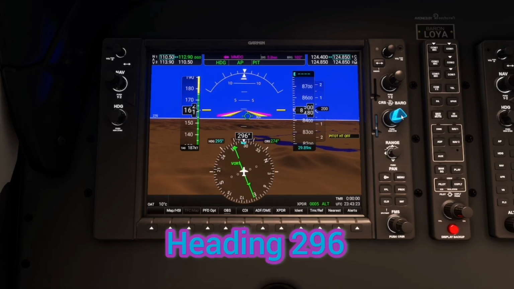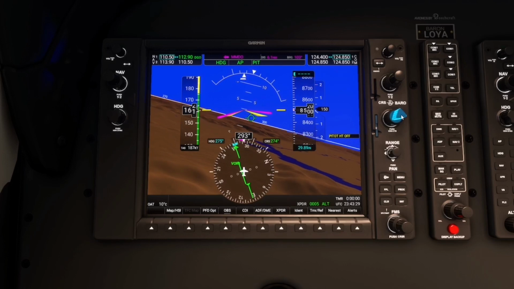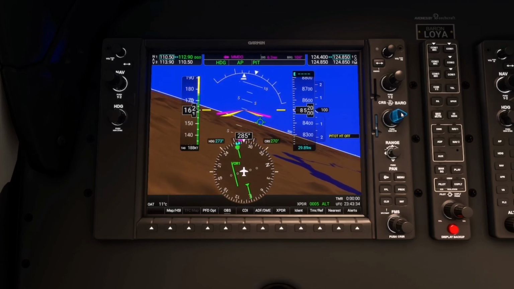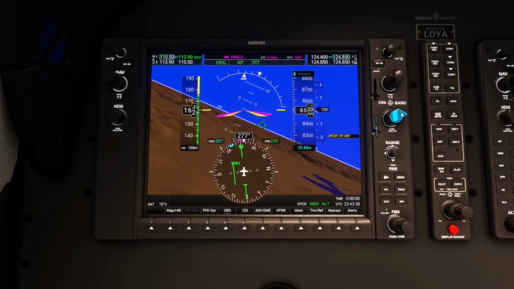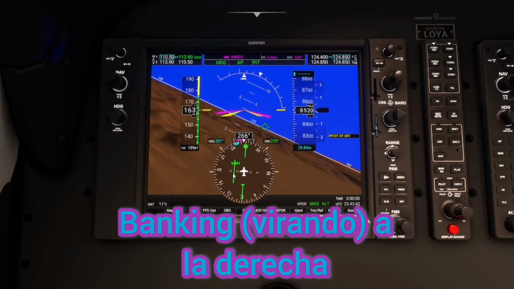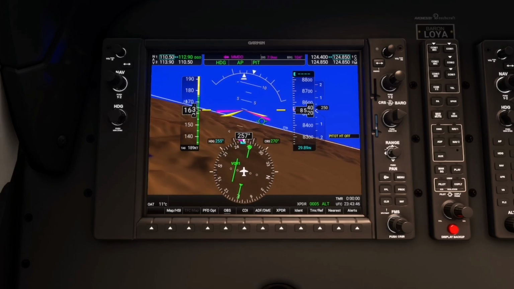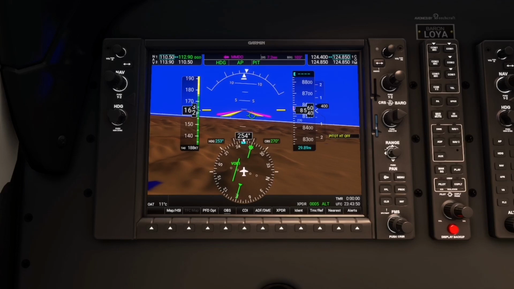Notice that we are on heading 296. That's our heading, so we're going to the left to intercept the radial 270. We continue banking to the left, trying to intercept that. The CDI is moving slowly to the center.